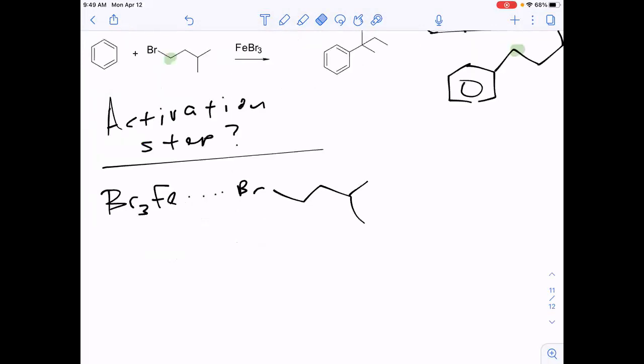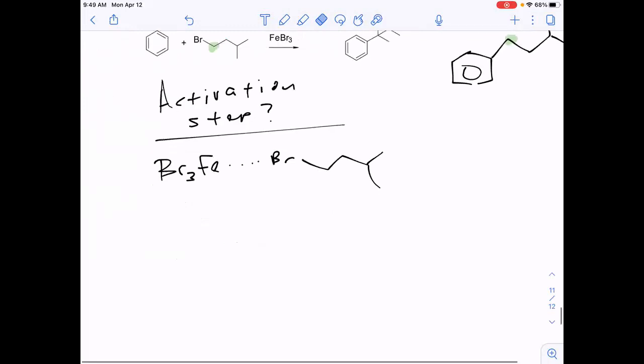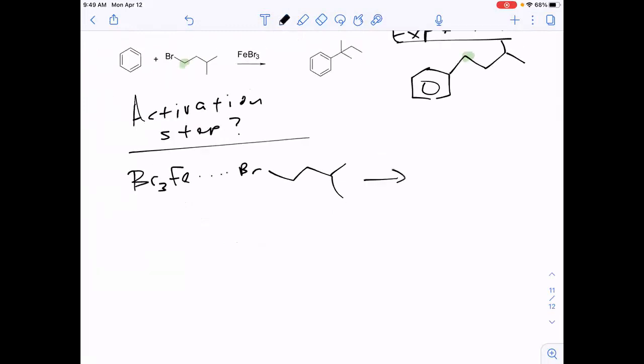Right, when you form this complex, what would the cation look like from the formation of that complex? Where would it be?